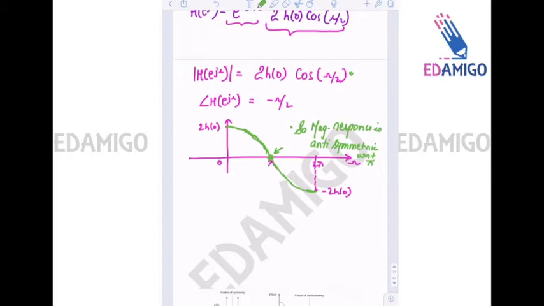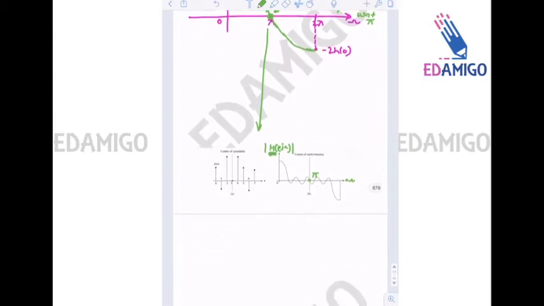Okay, so this conclusion is valid for bigger values of n also, because here I have copied the magnitude plot for n equals to 8, and here also we can see that the magnitude plot is antisymmetric with respect to pi. Thus this is the conclusion for Hn, where Hn is symmetric and n is even. So this conclusion is valid for bigger values of n also.